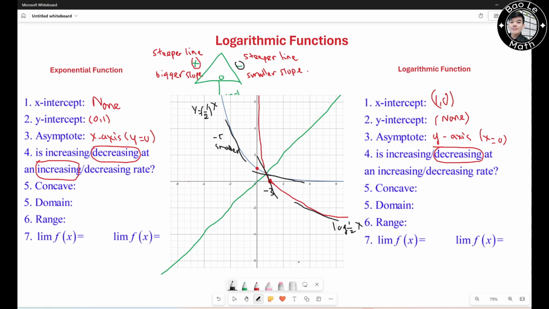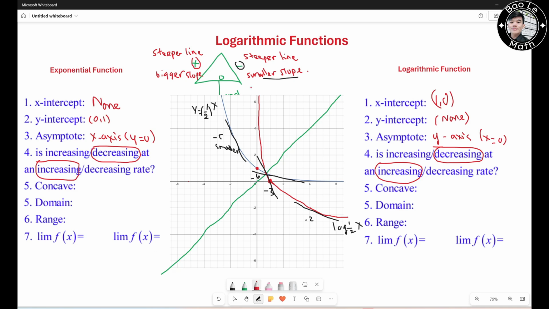I see that the tangent line right here is steeper than this one. So if the tangent line is steeper, the slope is smaller. For example, this guy is -6, and this guy is -2. You see that from -6 to -2, this is going to be increasing. So the function is decreasing at an increasing rate.